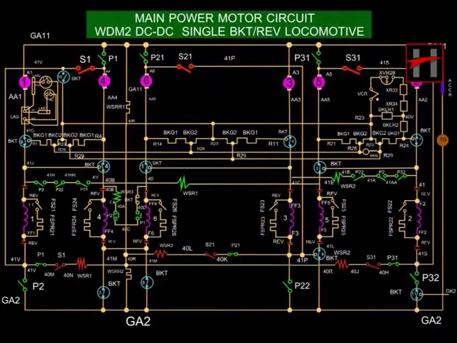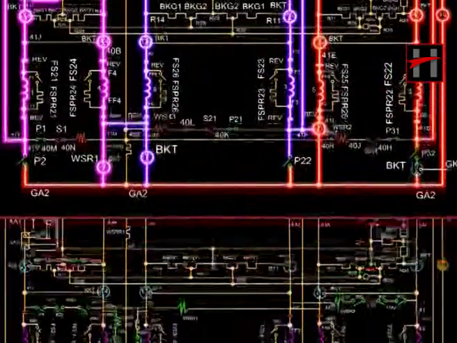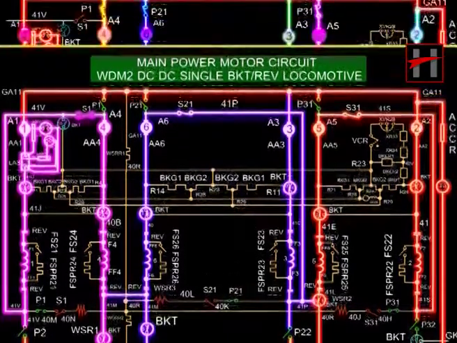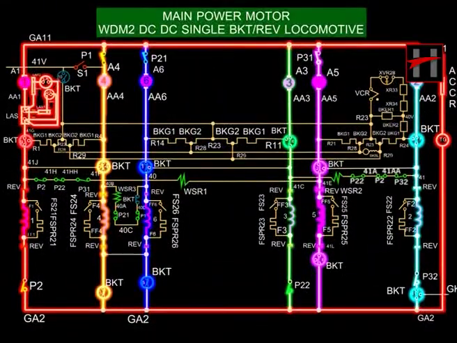Now, we will discuss the working of the main power motor circuit by reference to WDM2 DC-DC locomotive with a single BKT and reverser. The main power motor circuit works in 2 combinations of traction motors: the 2 series 3 parallel combination, or the 2S3P combination, and the parallel combination, or the 6P combination.